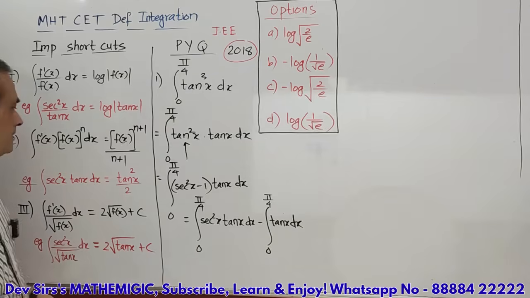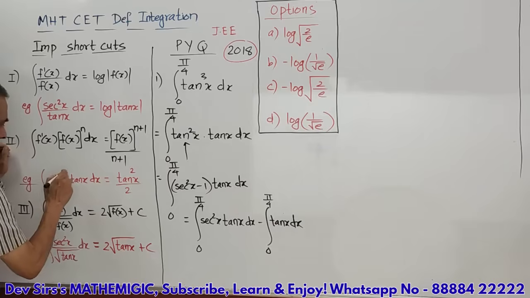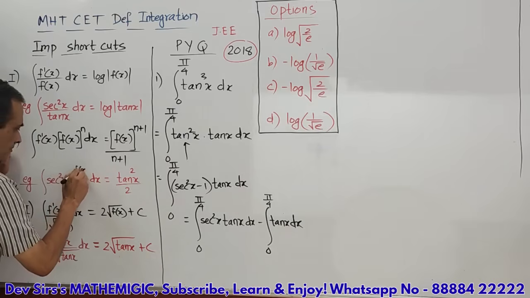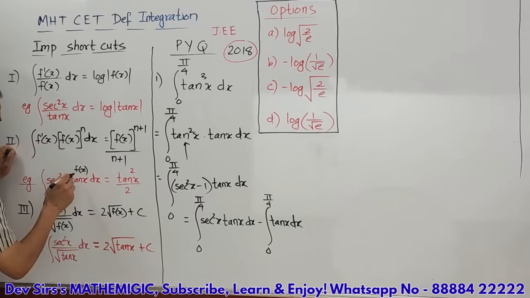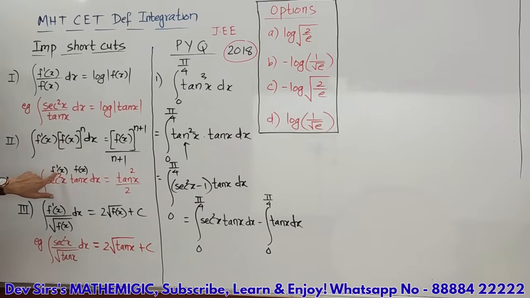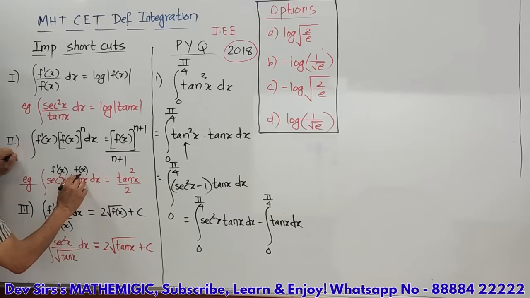Okay, for example, side by side function और डेरिवेटिव क्या है देखो, sec squared x tan x, function is tan x, derivative of tan x, f dash x, right? So side by side है दोनों. What is the answer? fx raised to n plus 1. Now what is fx? tan x. तो tan x के ऊपर क्या है अभी इधर 1 है.